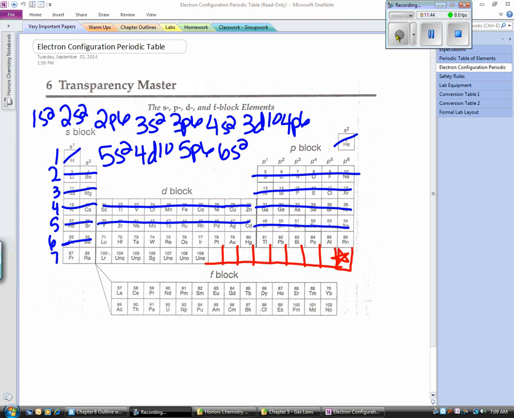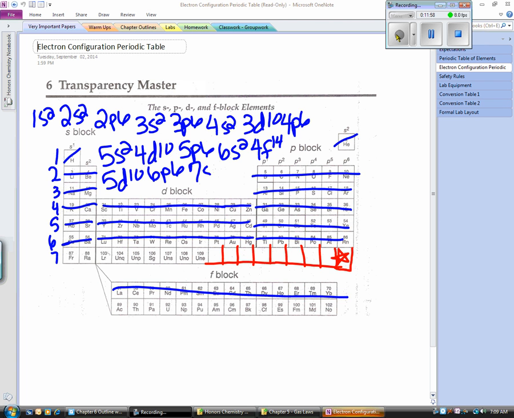Careful, don't forget your F block. 4f14, 5d10, 6p6, 7s2, 5f14, don't forget them, 6d10, 7p6.